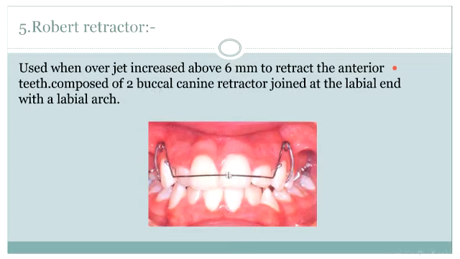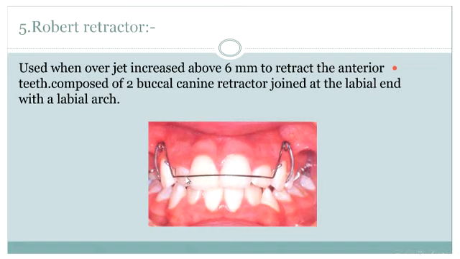The Roberts retractor is constructed of springs like the buccal canine retractor with a labial bar connected. The buccal canine retractors are joined at the labial and within a labial arch, as shown here in this picture.